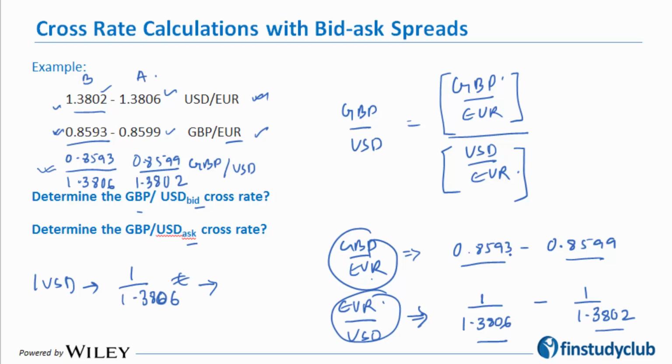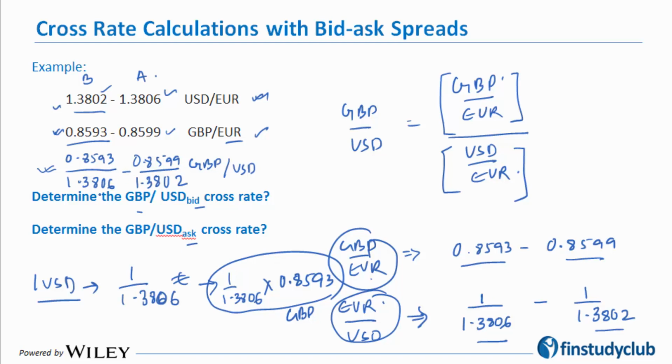So 1 euro fetches me 0.8593 GBP. So 1 by 1.3806 euro would fetch me 1 by 1.3806 into 0.8593 GBP, which effectively means that $1, when you sell it off in the market, you get these many GBP, and that is essentially what we have over here.